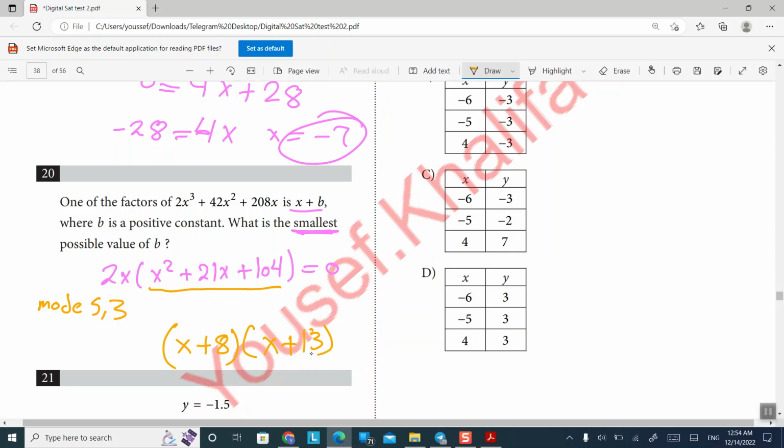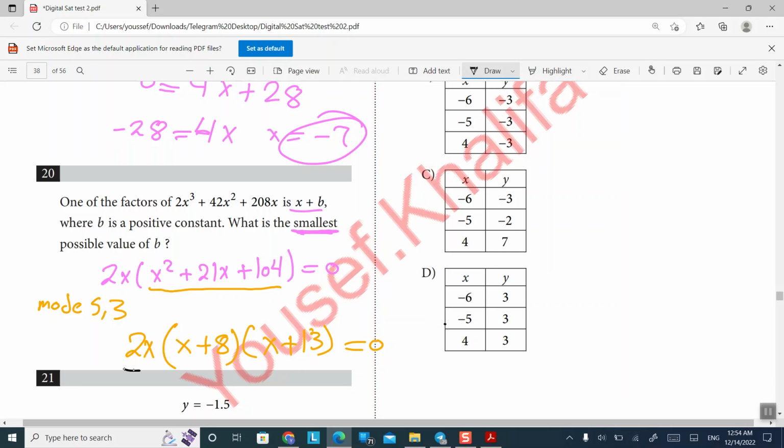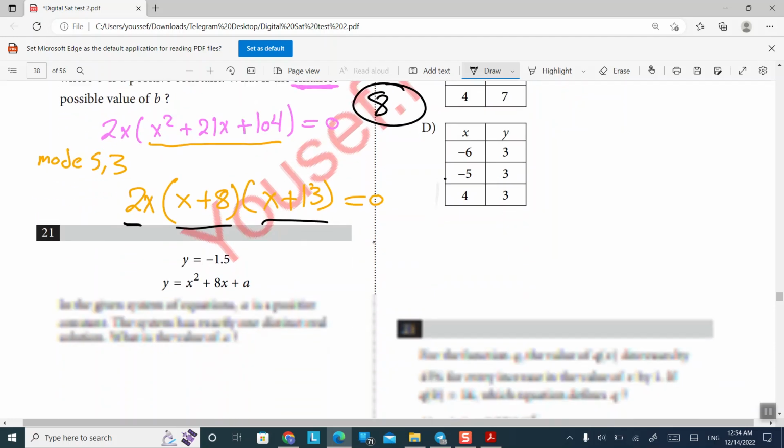And here you have 2x equals 0. So we have three factors, and since the degree is 3, we're supposed to have three factors. x plus 8, and the one written as x plus b is only 2, so the smallest one is 8. b is 8.